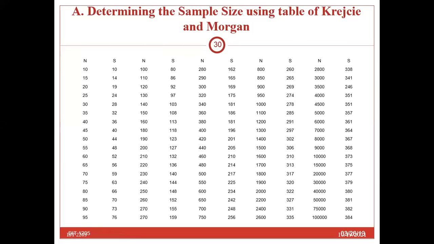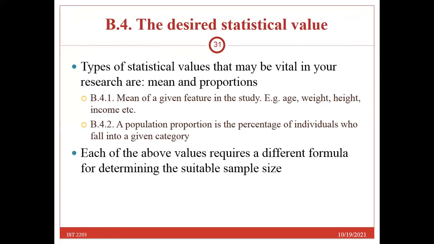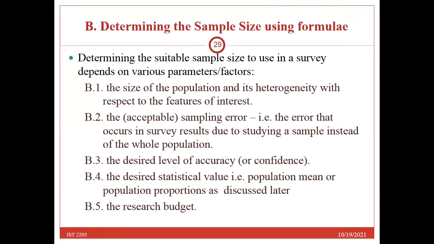Then the other way is by using formulas. When you want to get the sample size using a formula, there are some parameters that you need. You may need the population.